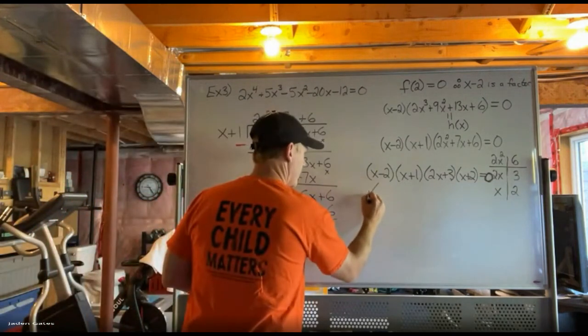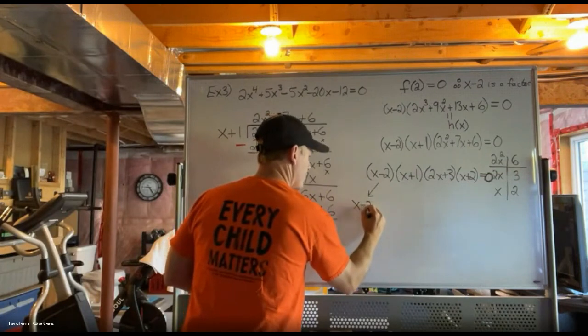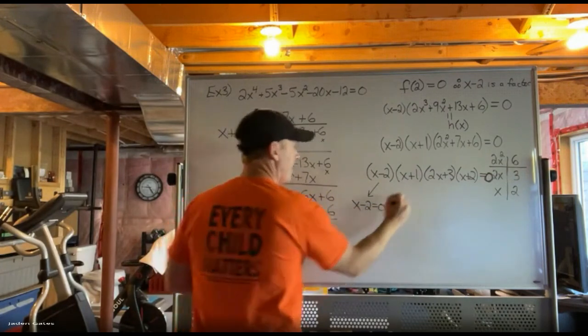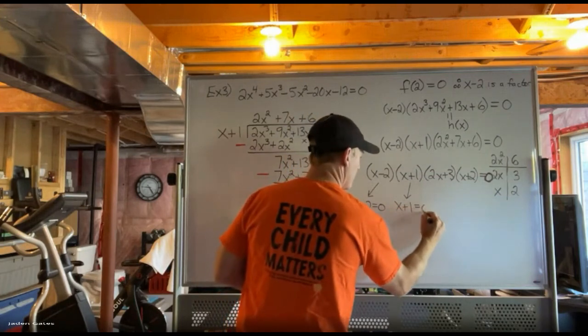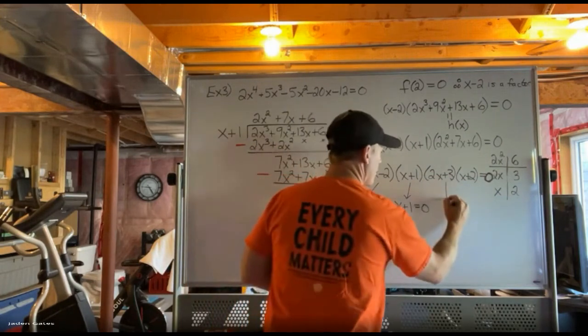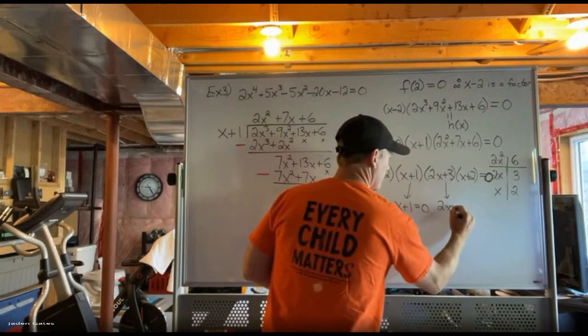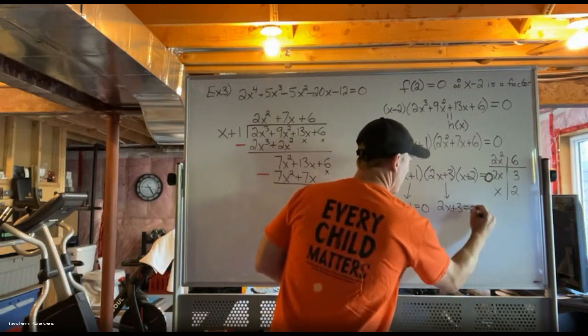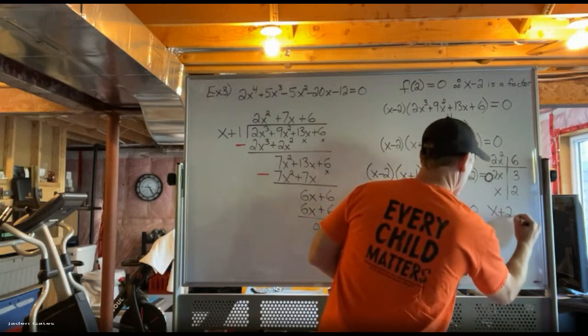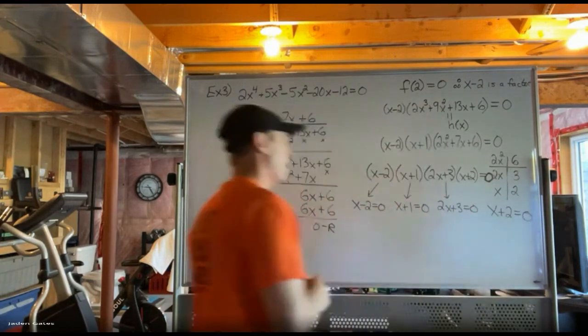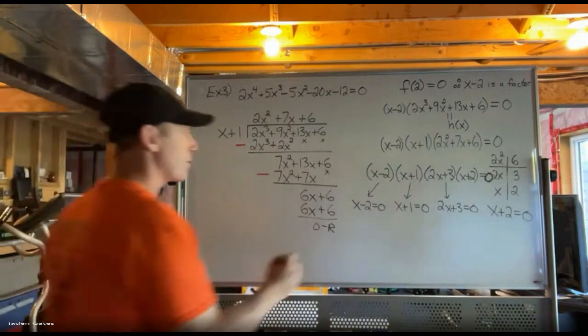I have my x minus 2 equals 0, x plus 1 equals 0, 2x plus 3 equals 0, and lastly x plus 2 equals 0. There's my 4 equations to solve.